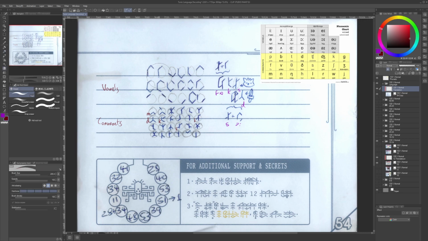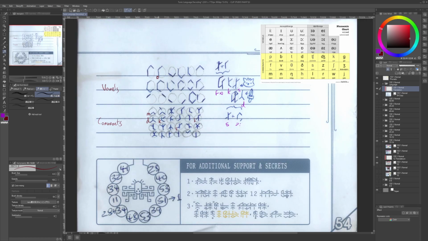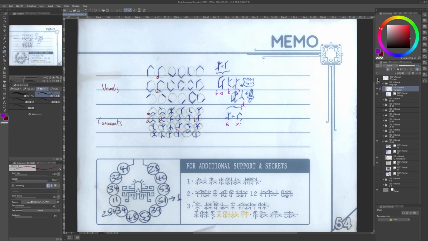I don't know why this is in a different colour. It's lacking a bit of internal consistency. Oh my god. Excuse me? I think it's that one. 1, 2, 3, 4. 1, 2, 3, 4. Yeah, so I think this is U. Mu. And then V. Oh god.